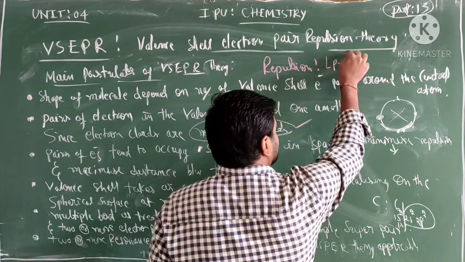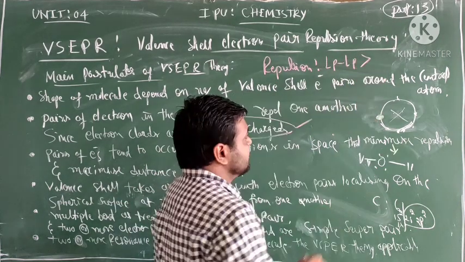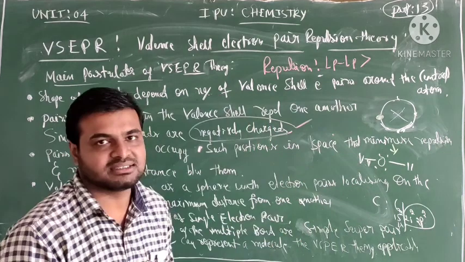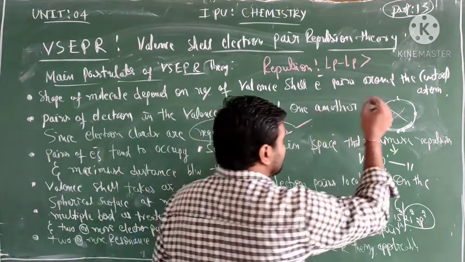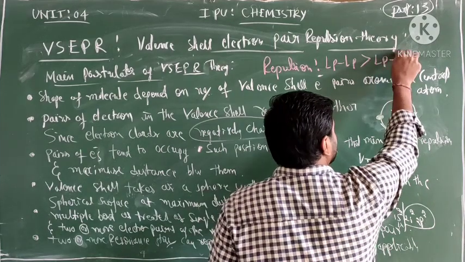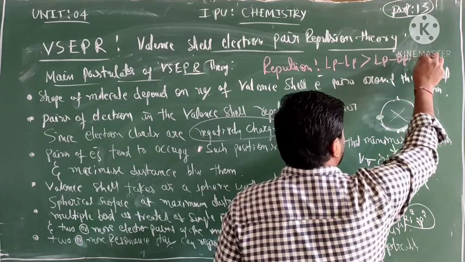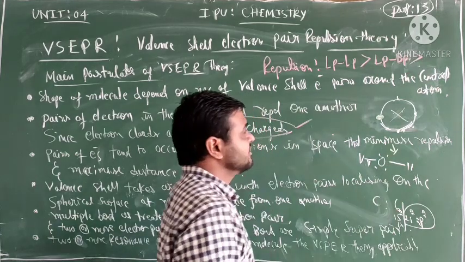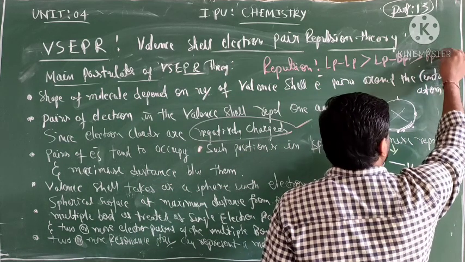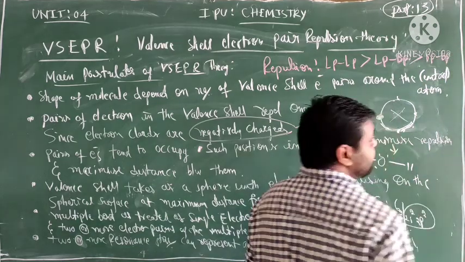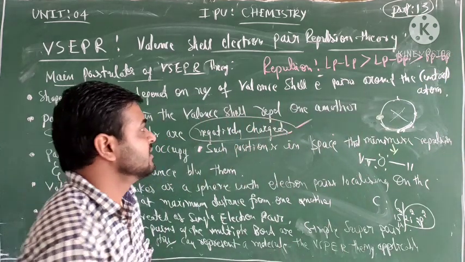One more point is there: lone pair. The lone pair has more repulsive nature compared to lone pair with bond pair of electrons, and it is more than bond pair with bond pair. Okay, it's a very important thing here.